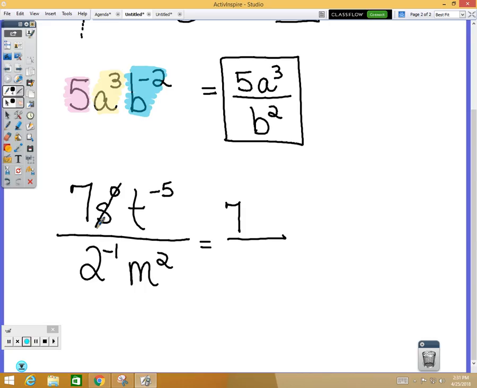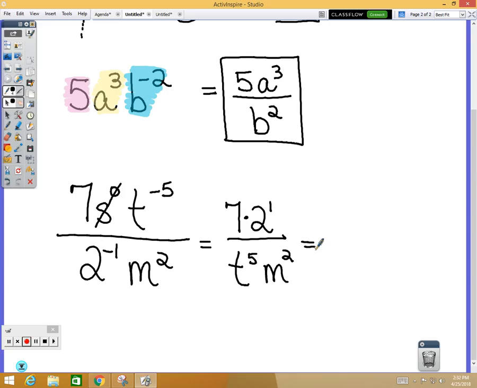T to the negative 5th, that means we're going to move t down to the bottom and it's going to become a positive 5, so that's taken care of. 2 to the negative 1st, because this exponent is negative, I need to move it up, which is going to change it to a positive 1, which we don't really need to write, but I'm still going to. And then my m to the 2nd power is fine, so I'm going to leave it down at the bottom. So this is, Dawson, what you had exactly, right?